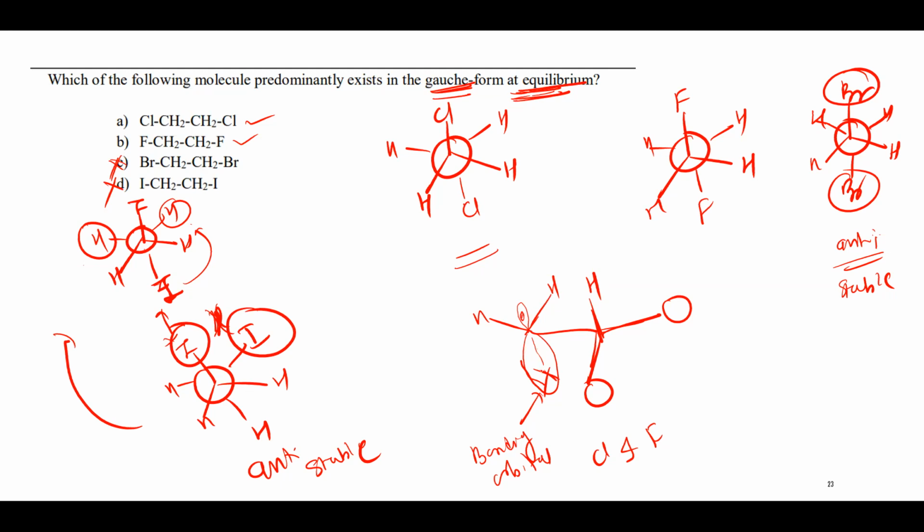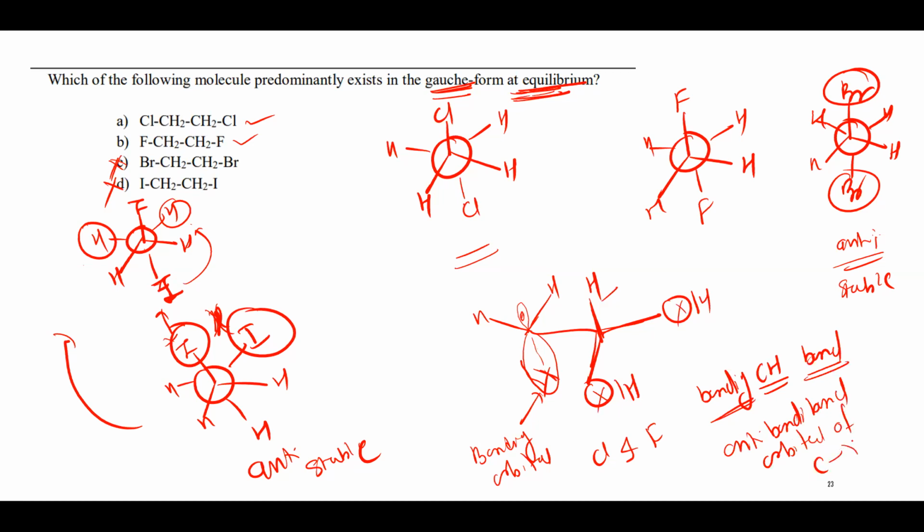So here, in this type of conformation, the bonding orbital of this CH bond and the anti-bonding orbital of the CX bond are parallel to each other in the gauche conformation.